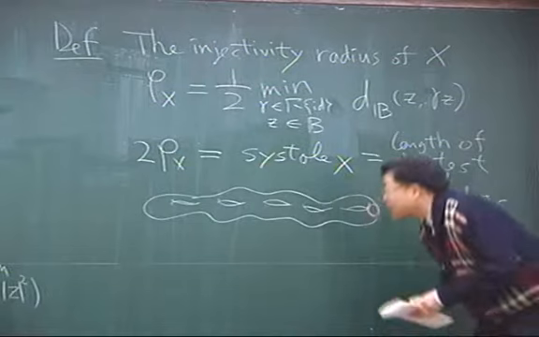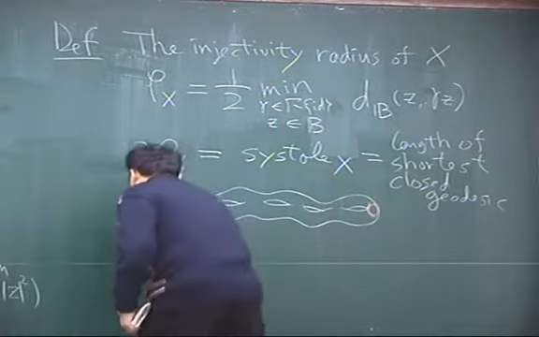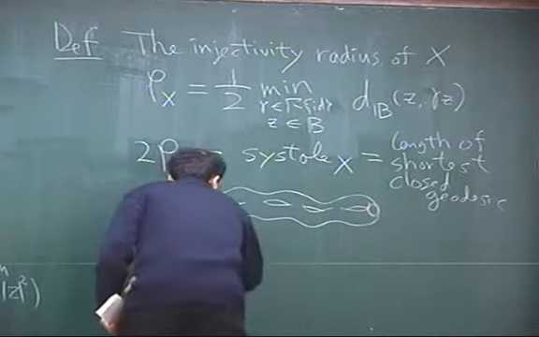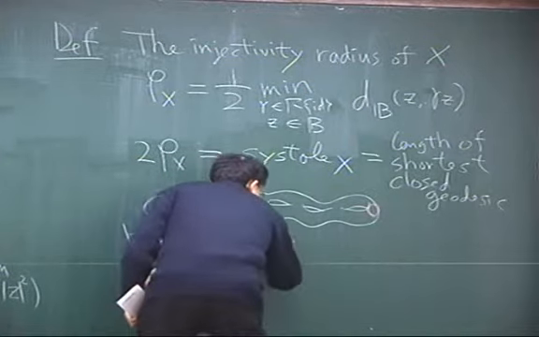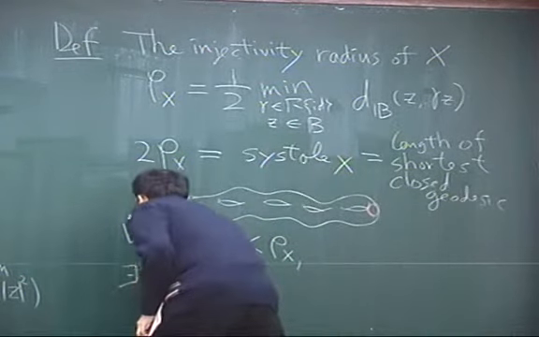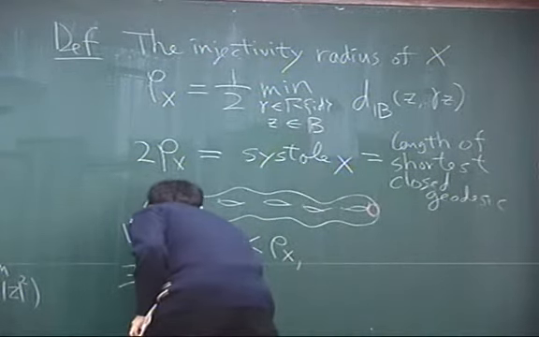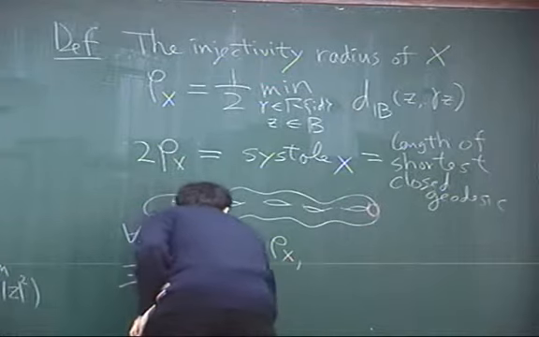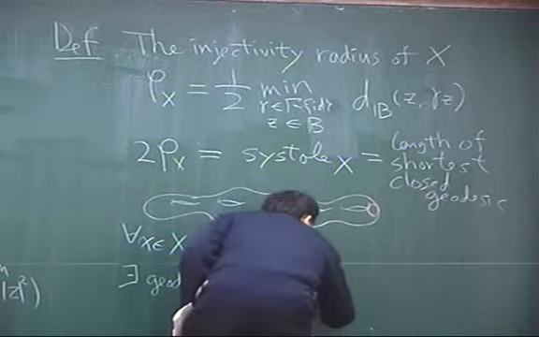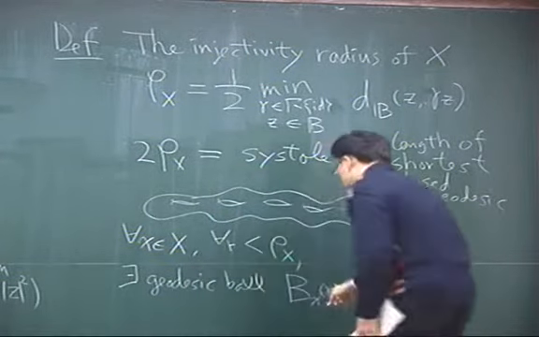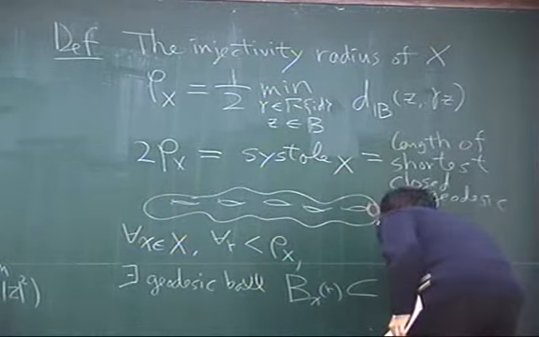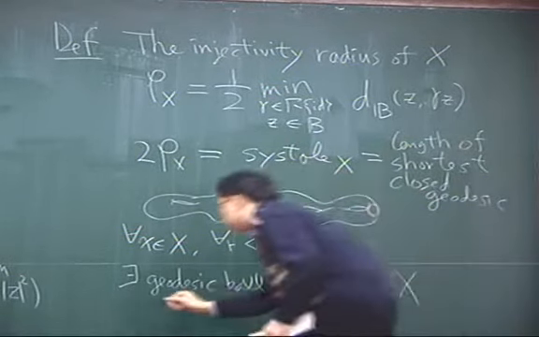And this means that for any point x, if r is smaller than the injectivity radius, then there exists a geodesic ball centered at x with the radius r contained in X in an injective way, an injective geodesic ball.